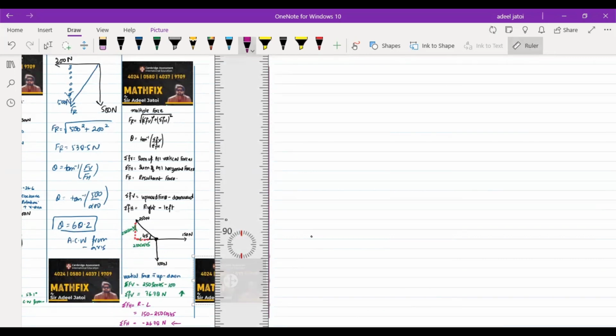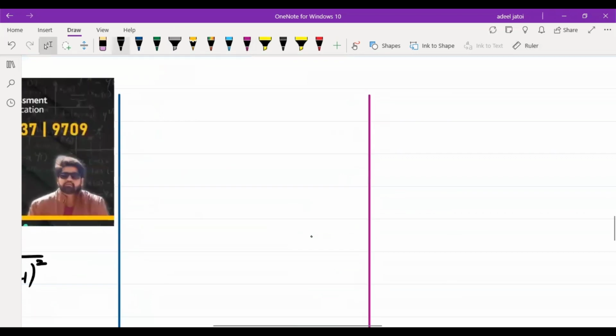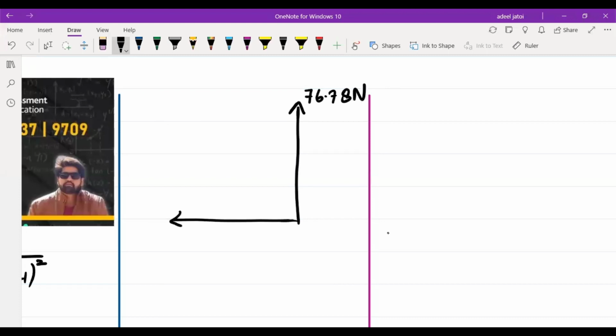Let's say your upward force is 76.78 Newton, and your negative force, which means going toward left, is 26.78 Newton. So the new force that we need to find out will be moving towards left. We need to find out FR and the theta.